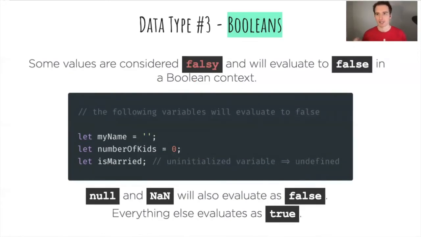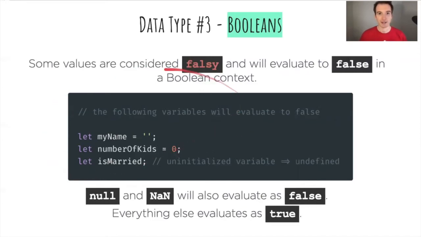Pretty much any kind of data type that we pass it, it will just assume, okay, they must mean true. But there's a few exceptions. With a few different types of data, our program is going to read that as false.